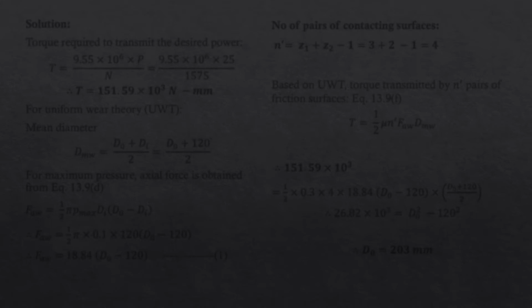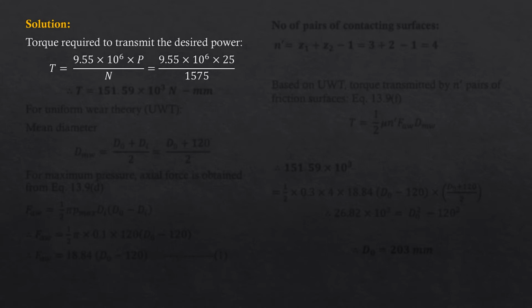All right, so this is a pretty straightforward problem here. All the data is given and you are supposed to find out DO, right? Now, to find out the outer diameter, since we know the power that needs to be transmitted, you can find out the torque using the power equation. 9.55 into 10 power 6 into power divided by rpm n will give you the torque as 151.59 into 10 to the power 3 Newton mm.